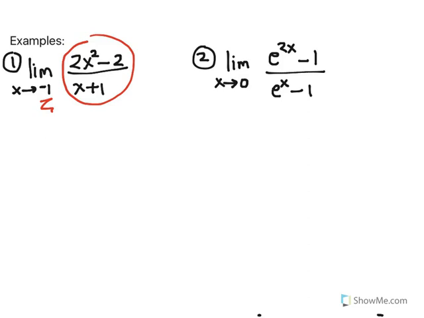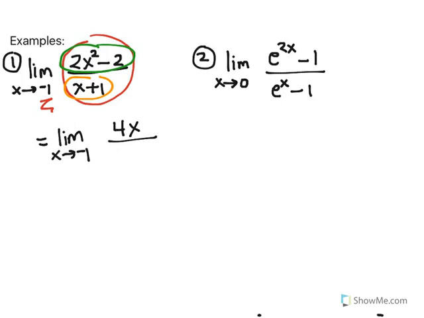So how do you use L'Hopital's rule? L'Hopital's rule says now you would take the limit as x approaches negative 1 of the derivative of the function in the numerator. The derivative of 2x squared minus 2 is 4x, and then divide that by the derivative of the function in the denominator.